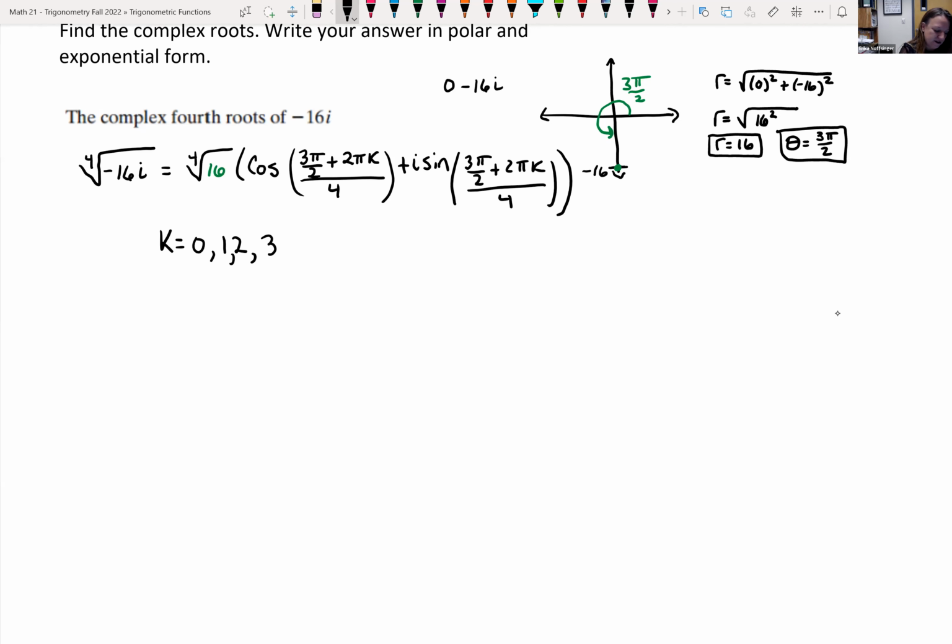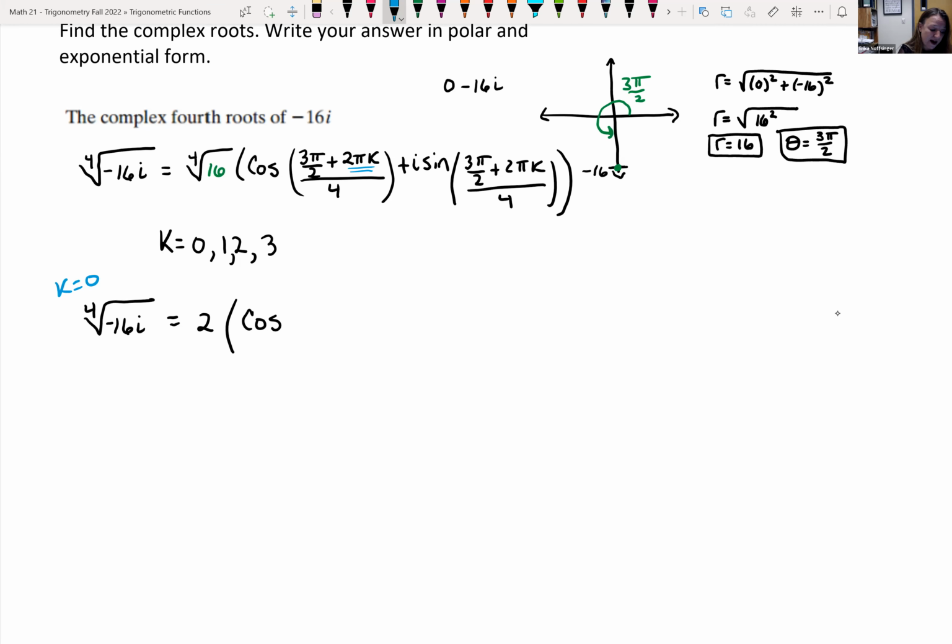So I have the fourth root of 16. Well, can we take the fourth root of 16? Well, 16 is 2 to the fourth power. So the fourth root of 16 is just 2. All times cosine. Let's start with k equal to 0 first. So if I have k is equal to 0, that 2 pi times 0 is going to go away.